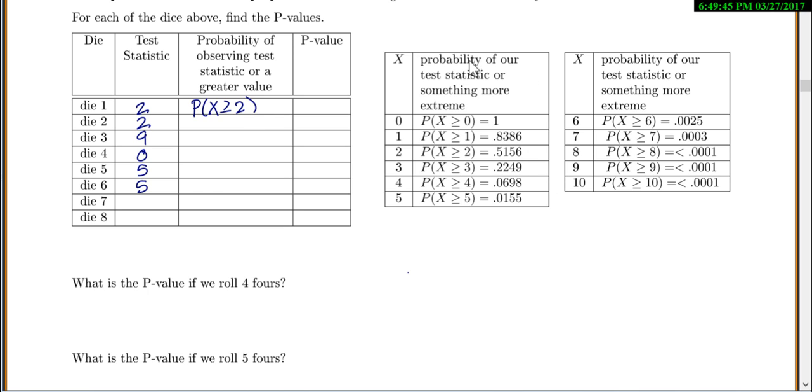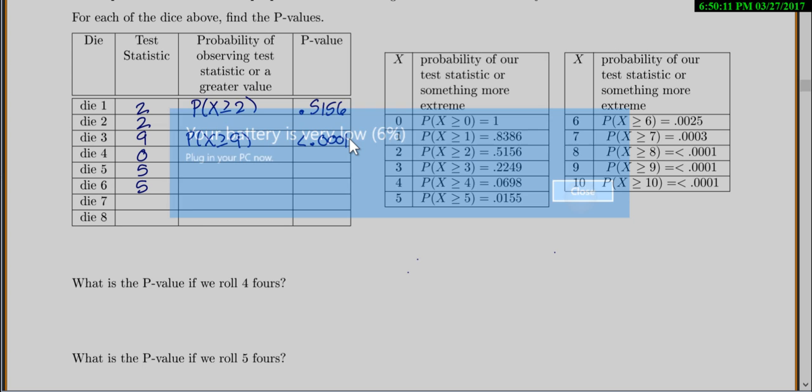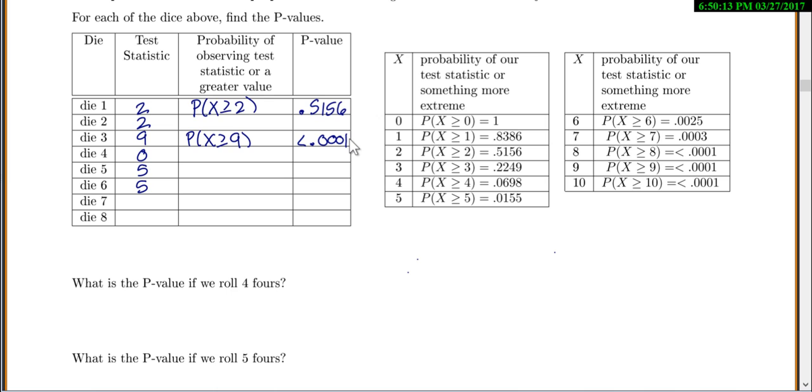Now off to the side I made this nice little chart for us. So for each x value I have the probability that it's at least that number. So for x greater than or equal to 2, my p-value would be 0.5156. Let's skip the other two. Probability that x is at least 9 is less than 0.0001 because most software and certainly our tables stop keeping track at less than 0.01%.